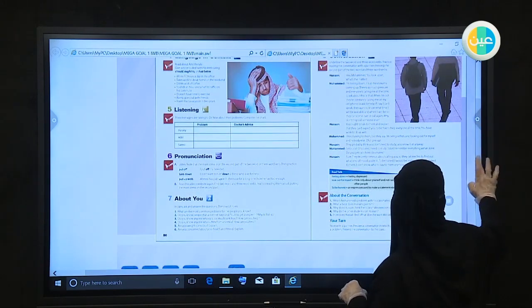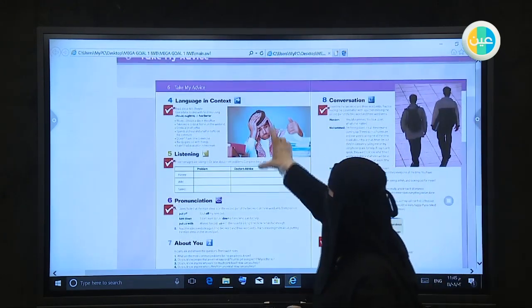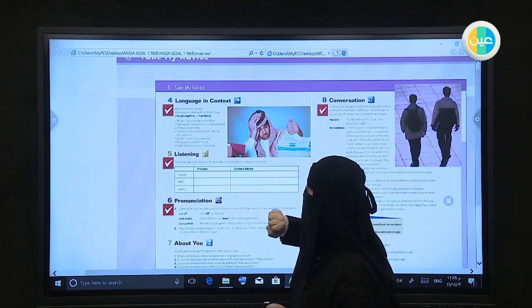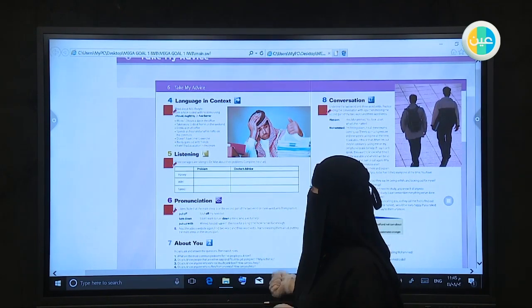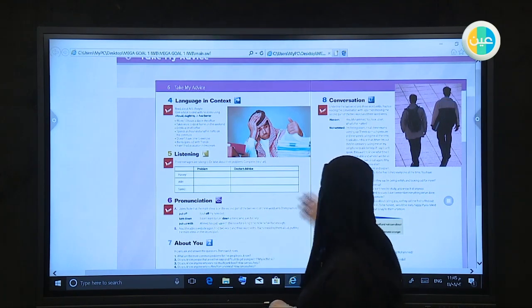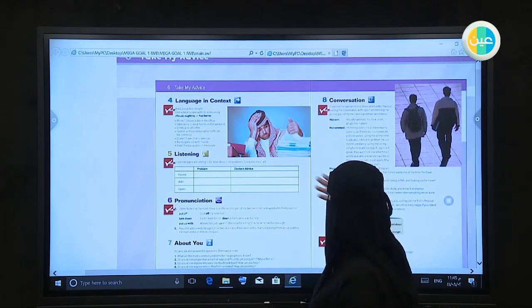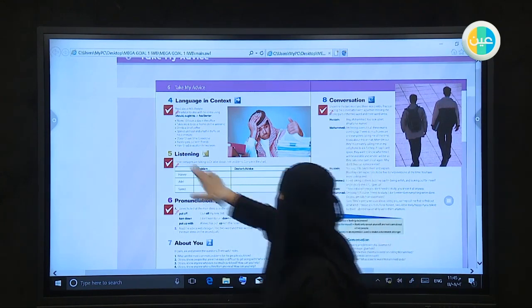We have 3 or 4 sections in our lesson today. The first one is language in context. We will read about Ali's stories, and after that we will take listening and pronunciation, and the last one is conversation. Let us begin our lesson today.